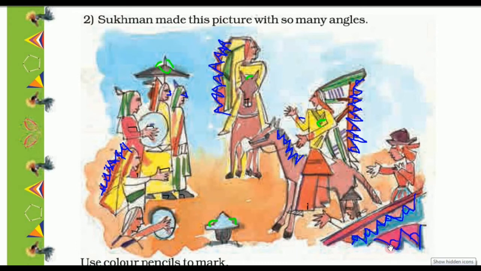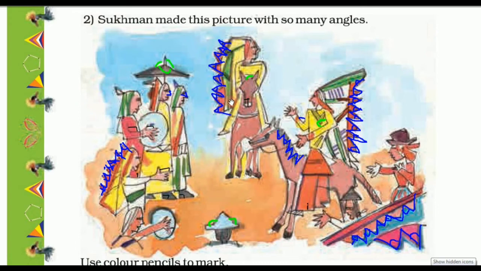So here I have marked with blue color. Here these all are less than a right angle. Here these all are less than a right angle. Here also I have marked with blue color, these both less than a right angle, and here also less than a right angle. So mark all the angles which are less than a right angle with blue color.